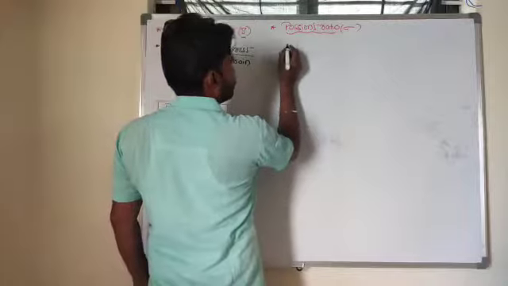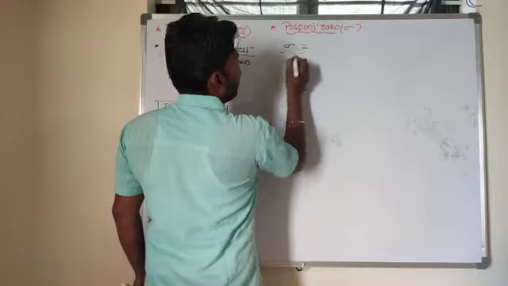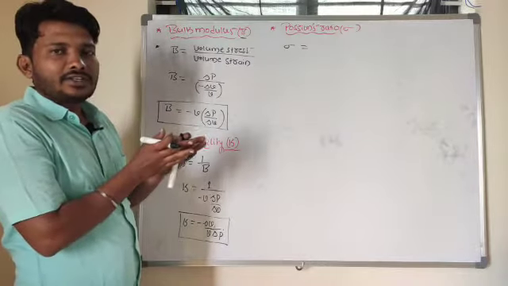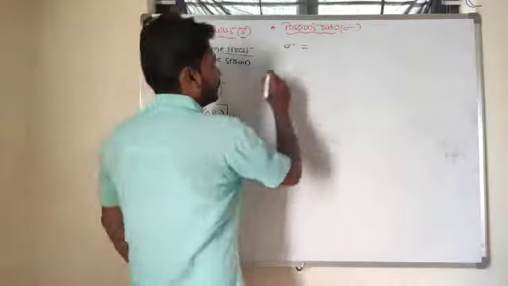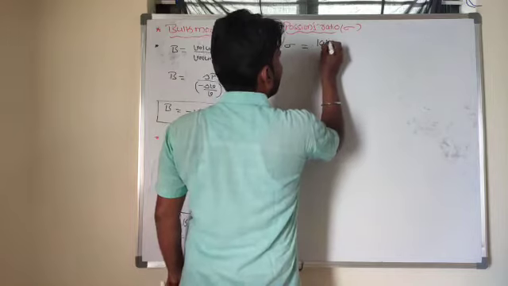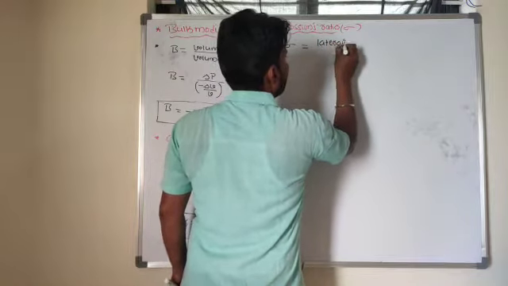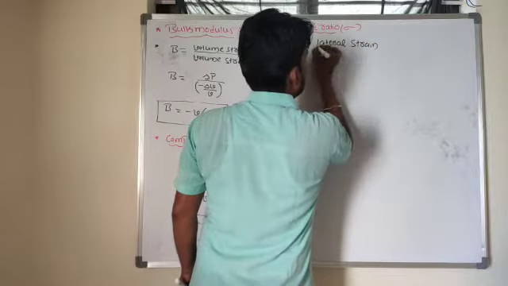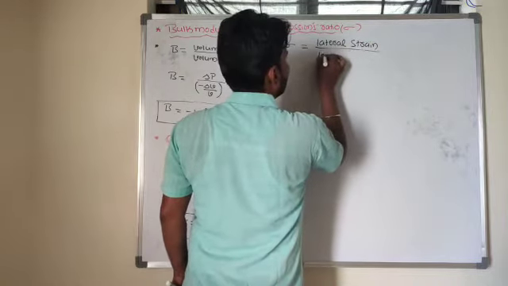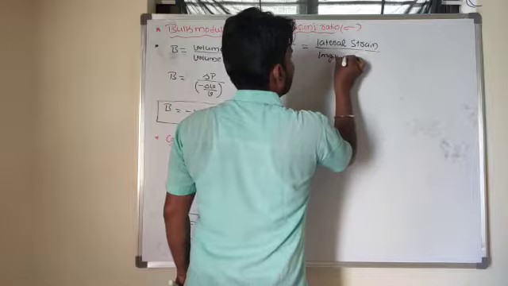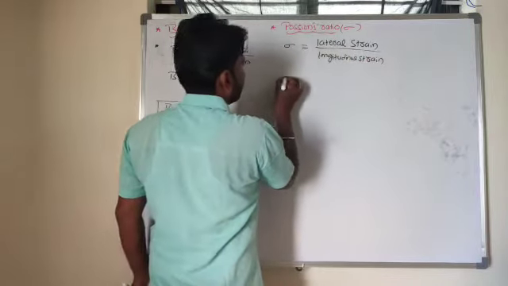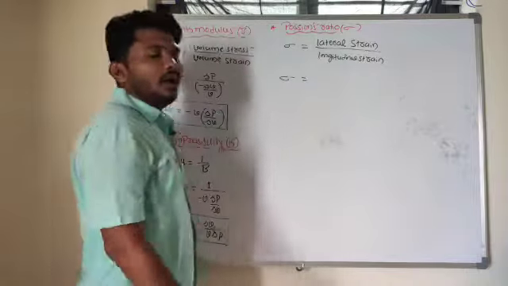So what is Poisson's ratio? It is the ratio of lateral strain to longitudinal strain.